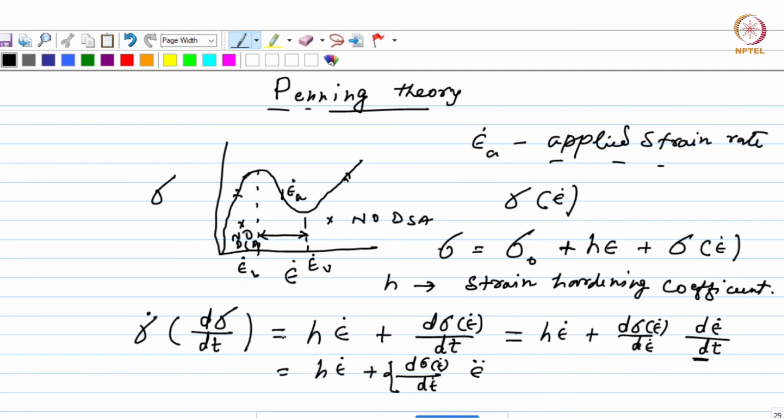Strain hardening is the increase in the stress due to the strain, and strain rate hardening is the increase in the stress due to the strain rate. So you can say that this is the strain rate hardening part.